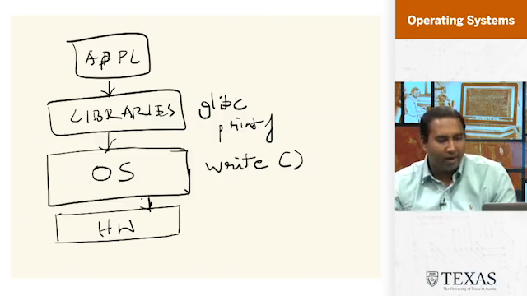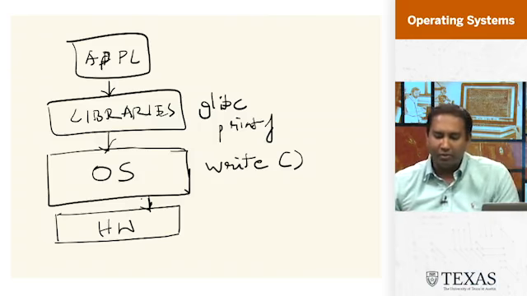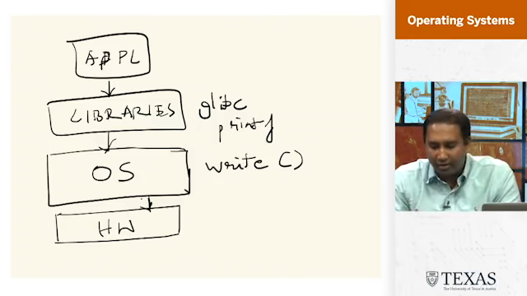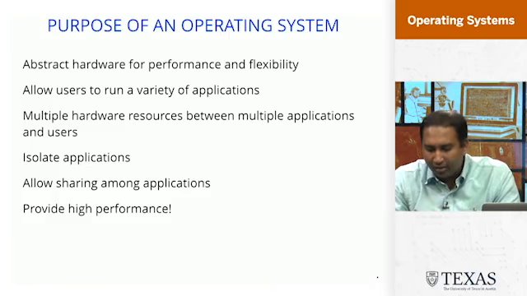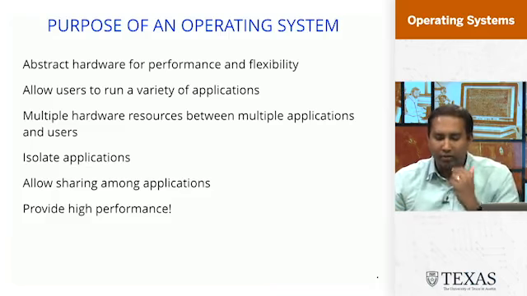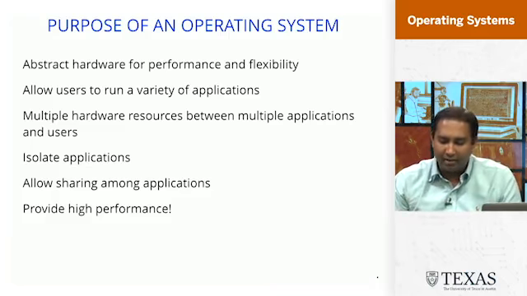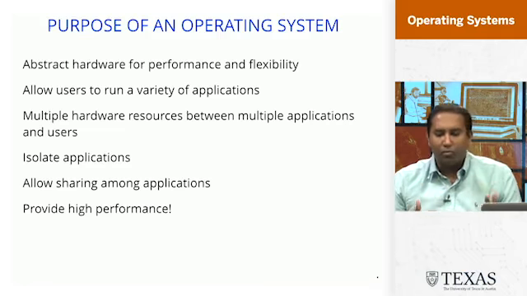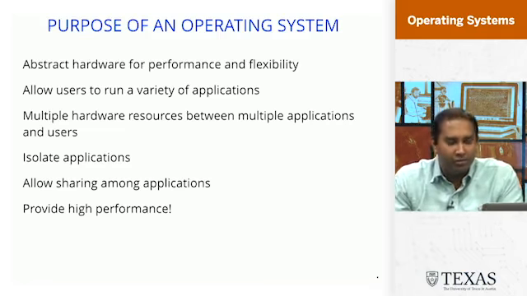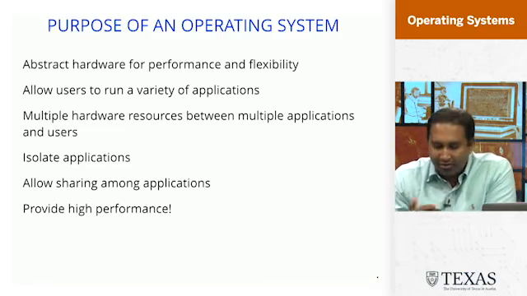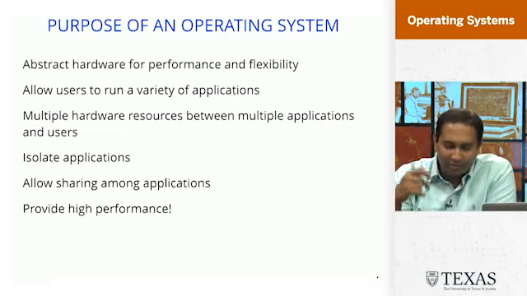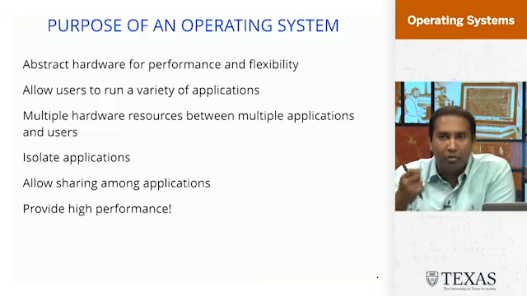So moving back to our slides. Now that I've given you this high level picture of the layers in the stack, what's the purpose of an operating system? The first thing on our list is what I just talked about. We want to abstract the hardware to provide performance and flexibility.